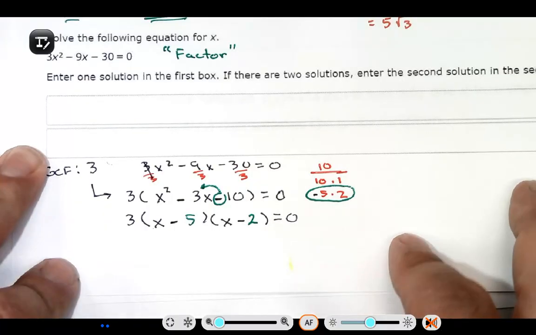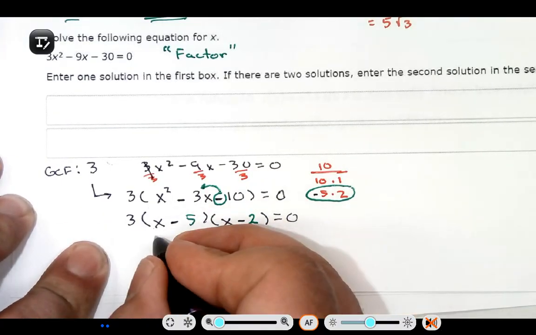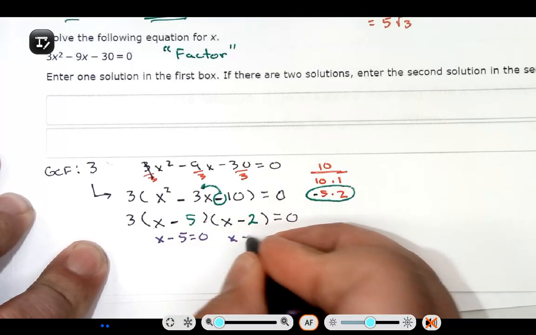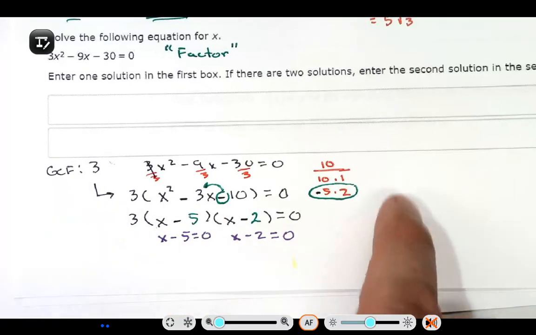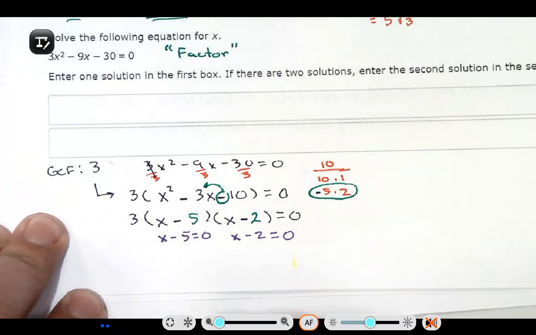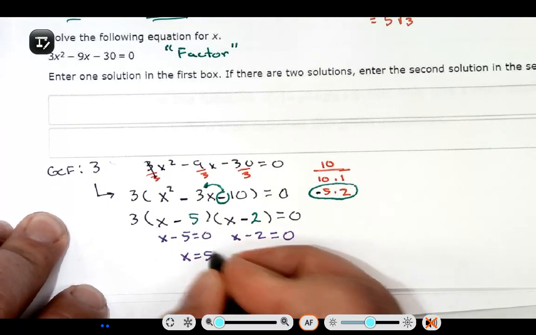And what they want us to do, right, if we're trying to solve for x, well, I have two of them. I make each factor that has an x equal to 0. Remember, you can divide by 3 and get rid of that 3 if you want to, but again, we really just care about the factors that have a variable. So here, we're going to add a 5, so x equals 5.